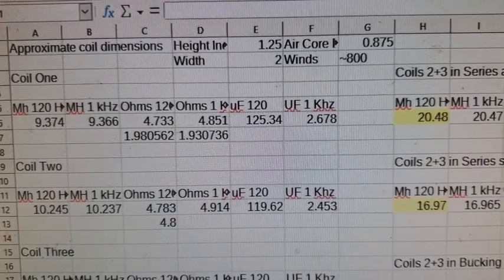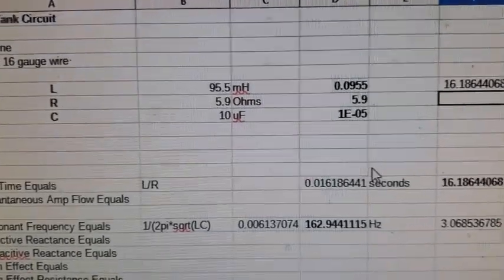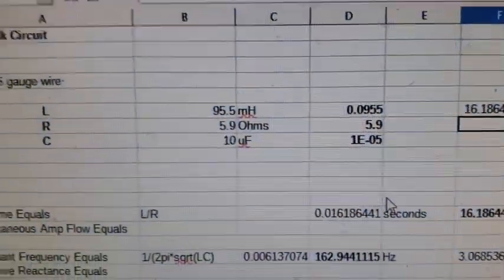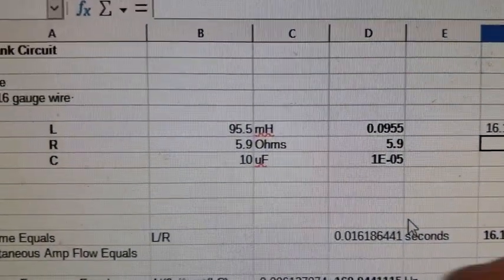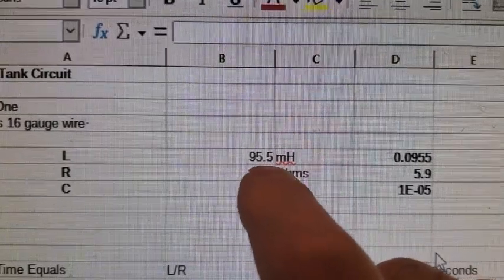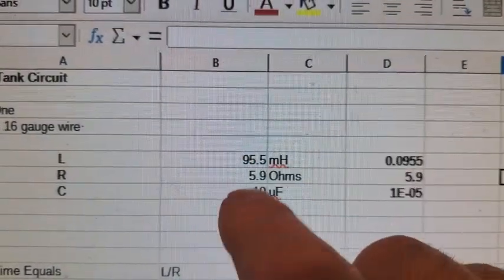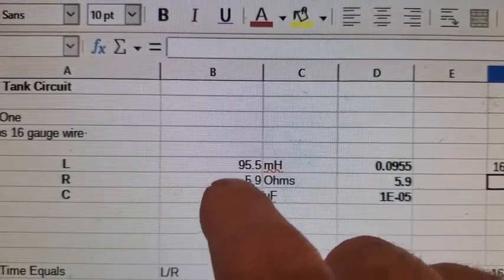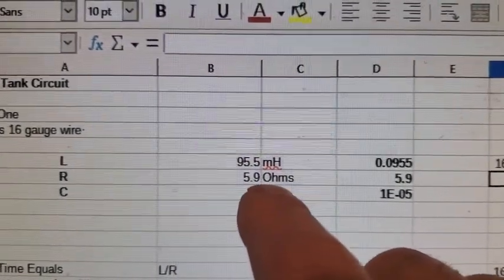But if we go back to a different spreadsheet, here when I had this big 10-pound coil, and it's thicker wire too, and it's 10 pounds. So now instead of 10, 11 millihenries, we're at 95.5 millihenries, and instead of I think it was 4.4 ohms, whatever, we're at like 5.9 ohms.